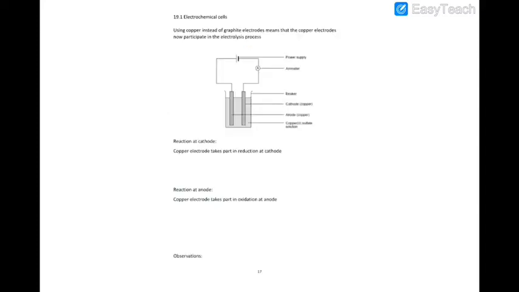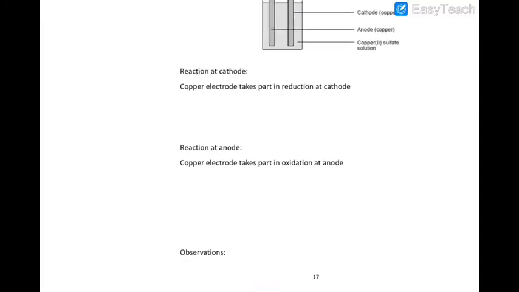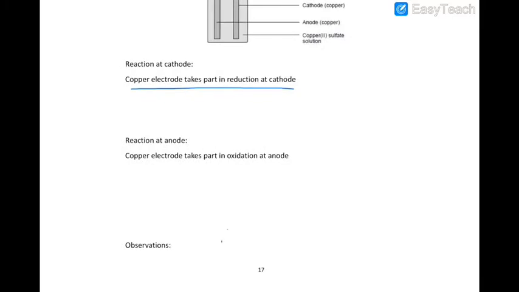Now let's see what happens when we use copper electrodes instead of graphite electrodes. Now copper electrodes, they are reactive electrodes, which means that they are going to participate in the electrolysis process. So because it's a reactive electrode, at the cathode you have the reduction of Cu2+.